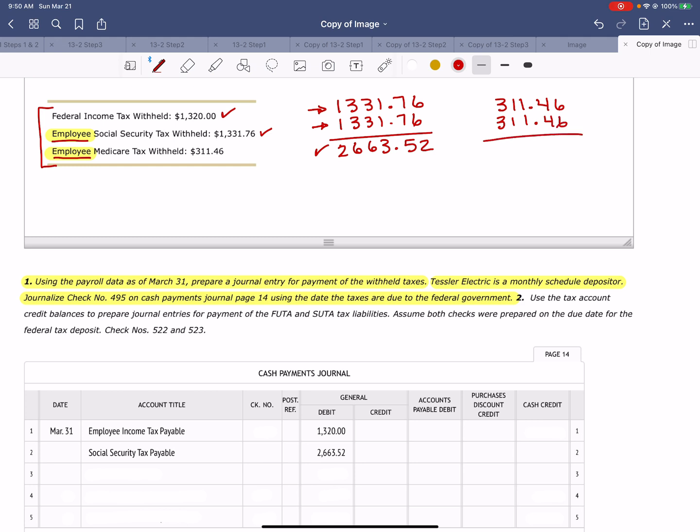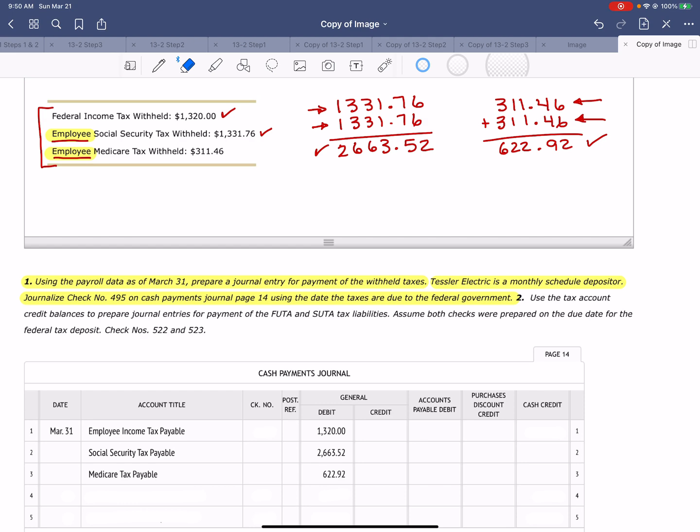And so if you add those two up together, you will come up with $622.92. And this is the amount that we have to record. Remember, employee, employer's part. So if we go down to our journal, we will have our Medicare tax payable, $622.92.